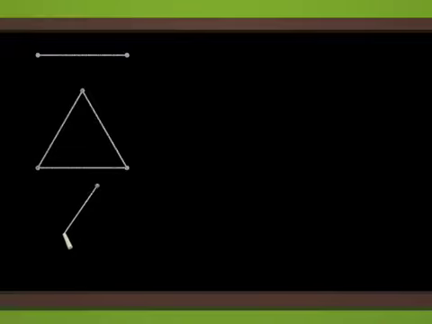As a first attempt at understanding, we shall proceed by analogy. Here is a segment and an equilateral triangle, and finally, a regular tetrahedron.